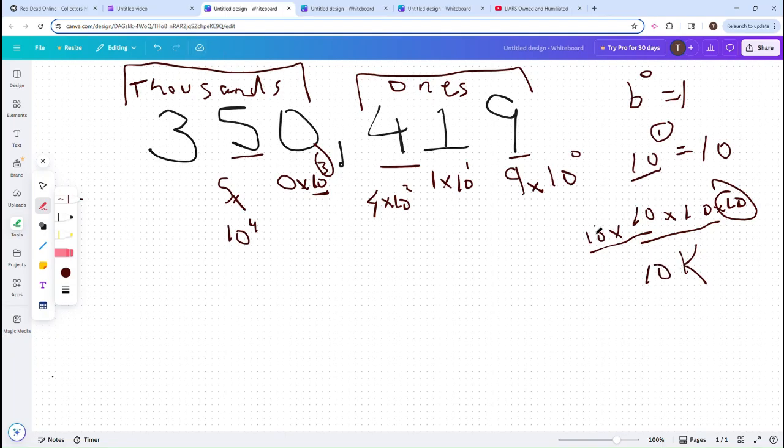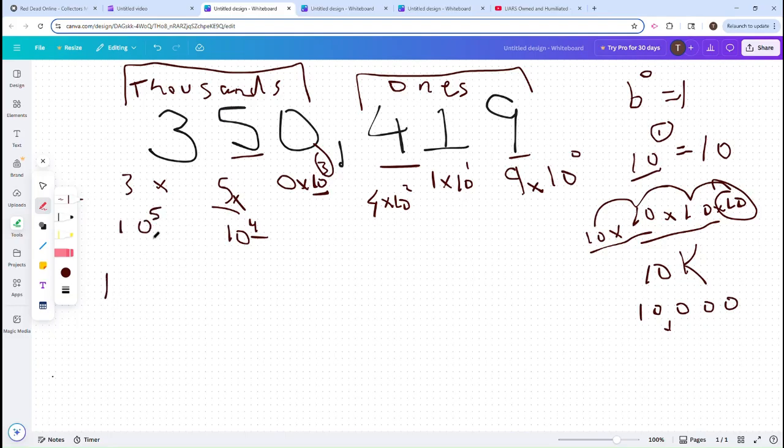Or we do 10, 100, 1,000, 10,000. Or we just write the number 1 and write that many zeros. 1, 2, 3, 4. 10,000. How many of those do we have? 5. Next one is 3 times 10 to the fifth power.